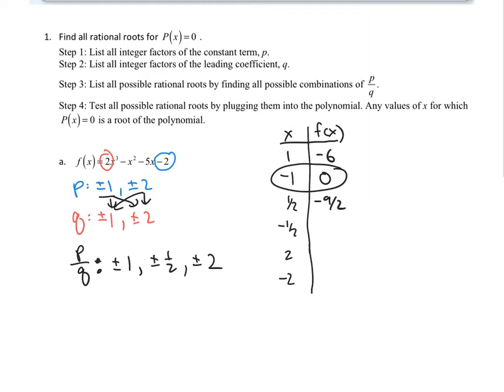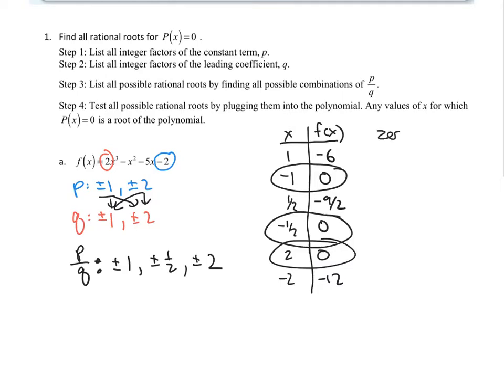When I plug in negative 1/2, I get 0, so I found another 0 of the polynomial. And when I plug in 2, I also get 0, so there's another root. Since this is a third degree polynomial, I think I just found all of them, because plugging in negative 2 gives me negative 12. So I was actually able to find all the roots or zeros of this polynomial.